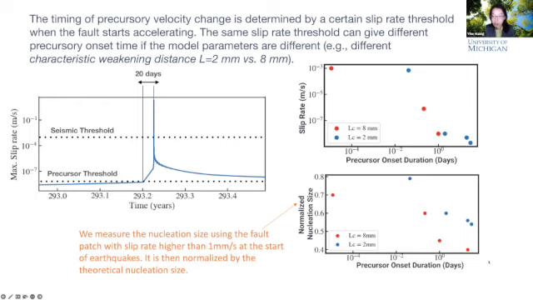So from this figure, you can see this is the normalized nucleation size. And especially for the longer precursors, in the order of days, we see that the nucleation size for this particular simulation can be reduced by about 50% for different frictional parameters.